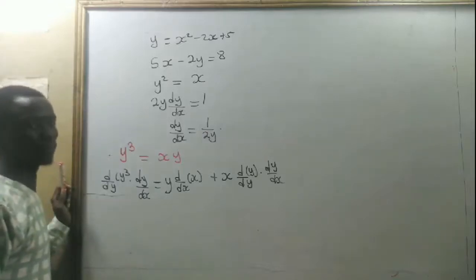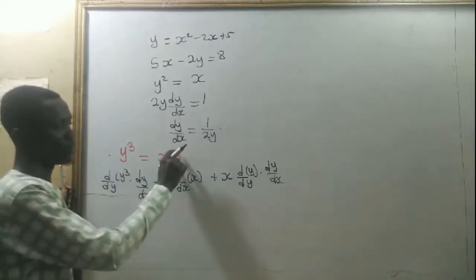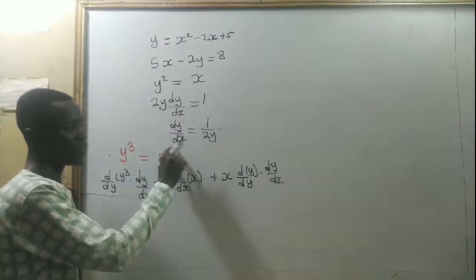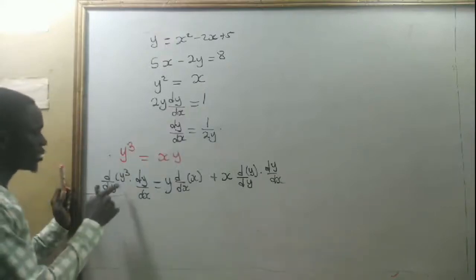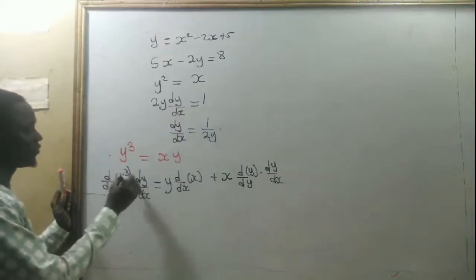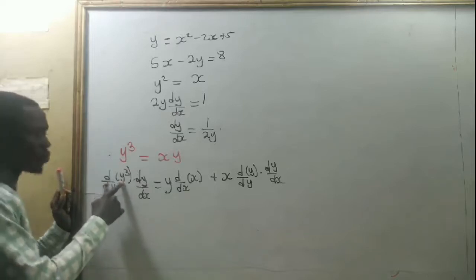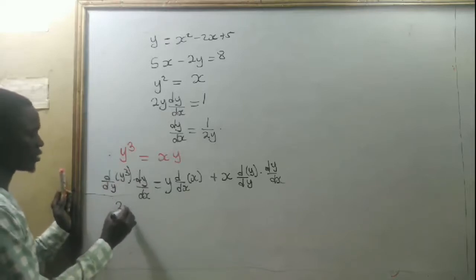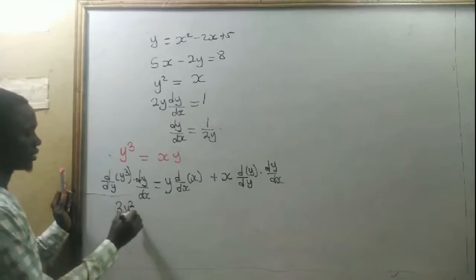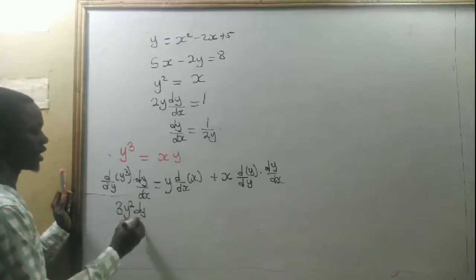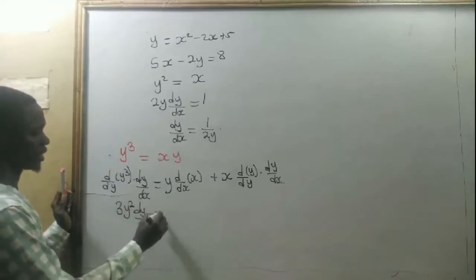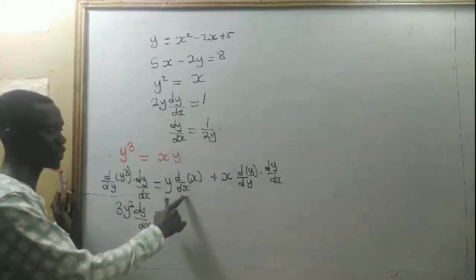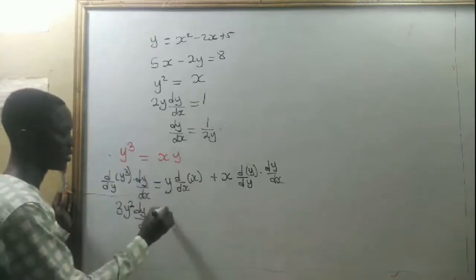That is the chain rule, so that we will get dy with respect to x. So if we differentiate y with respect to y, we have 3y squared times dy on dx. That is equal to, if you differentiate x with respect to x, you get 1 times y, is y.